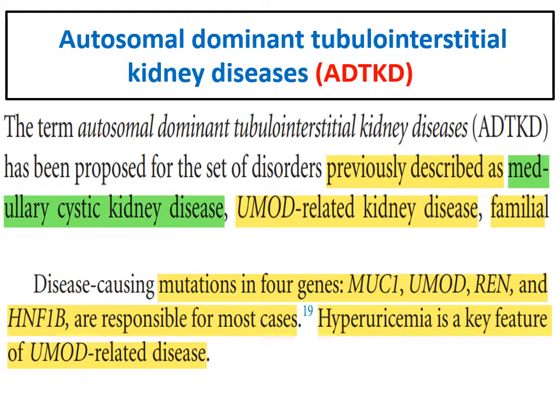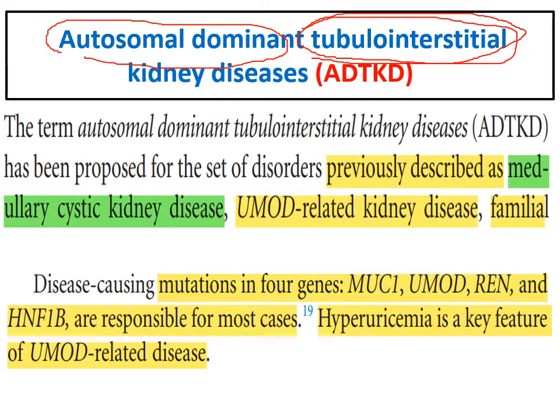The third one is autosomal dominant tubulointerstitial kidney disease. It is similar in its affection to nephronophthisis, but it is autosomal dominant. It is a new term.